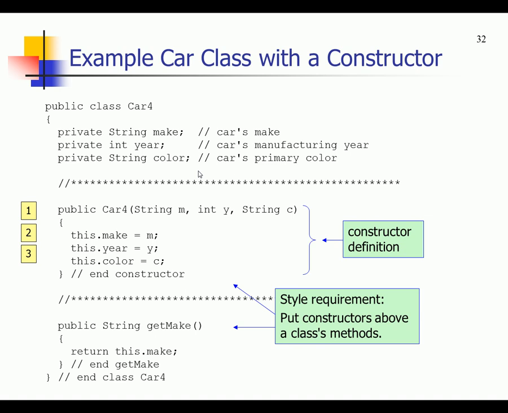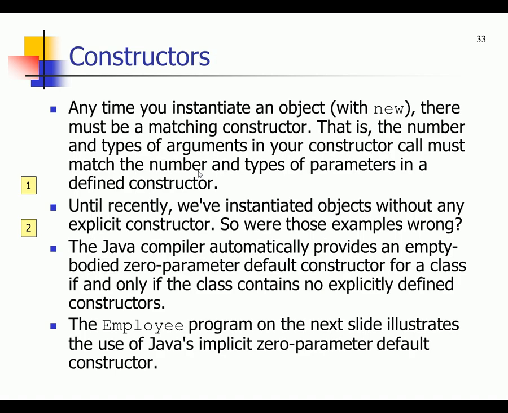Okay, here's our definition. Style requirements: put constructors above the class methods. Constructors should always be at the top, like main methods should for the most part. It says anytime you instantiate an object with new, there must be a matching constructor.